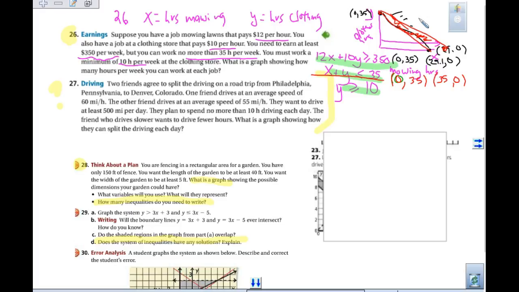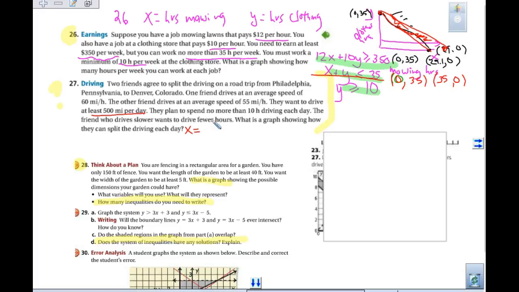So, a couple of things we know is that they have to go at least 500 miles a day. So when you start this out, you might want to be thinking, okay, what does X stand for? When I looked at that last statement, the friend that drives slower wants to drive fewer hours.